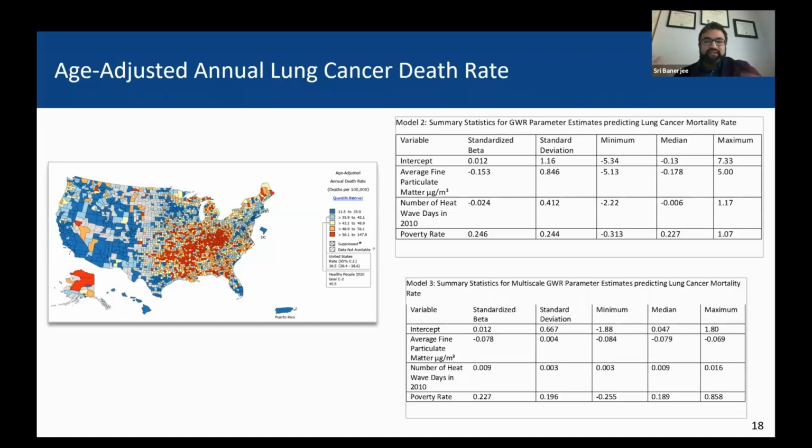The main focus was to determine what environmental factors are associated with lung cancer mortality. Specifically, one of them was fine particulate matter.